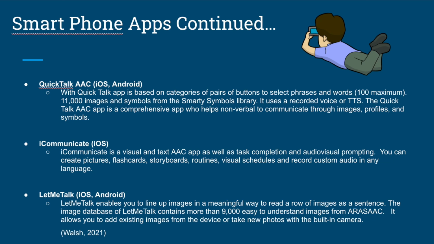I Communicate is available on the Apple. Let Me Talk is available on both Android and Apple. So these are really great ways to have easy access to communication for individuals on the spectrum.